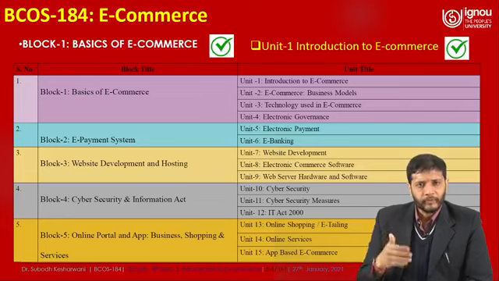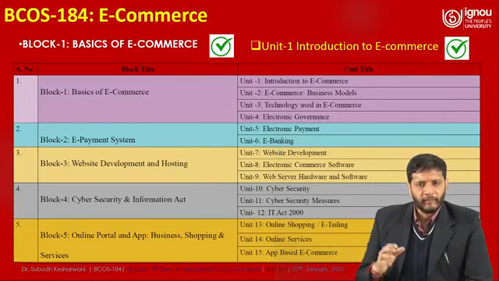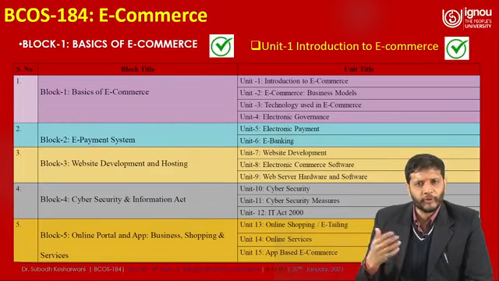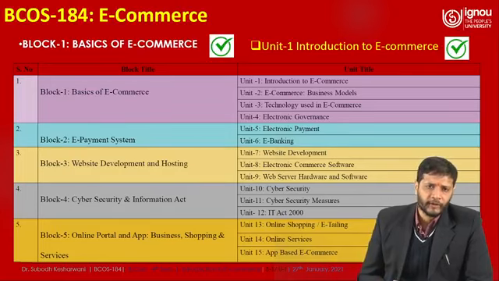I was saying it's not merely commerce, because governance is also changing with time, and we have seen how our Aadhaar card or PAN cards given by the government are now changing, and you have got access to change them at your place. So a lot of changes are coming up, and governance is also improving with the help of that. This is the first block, focusing on the basics of e-commerce.